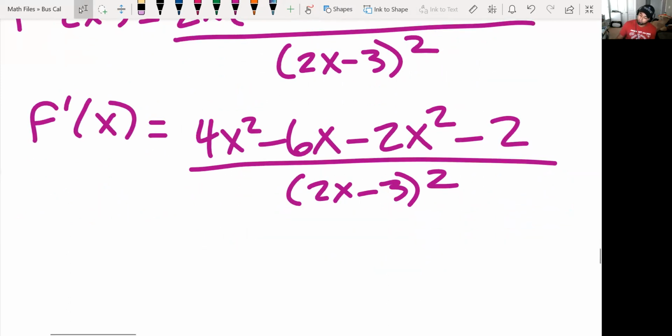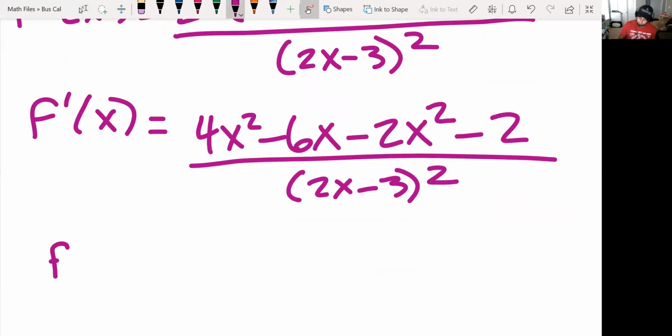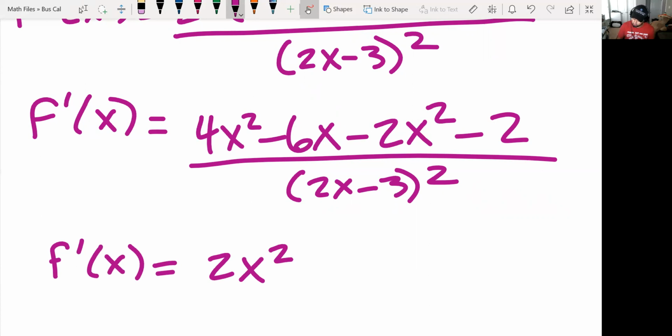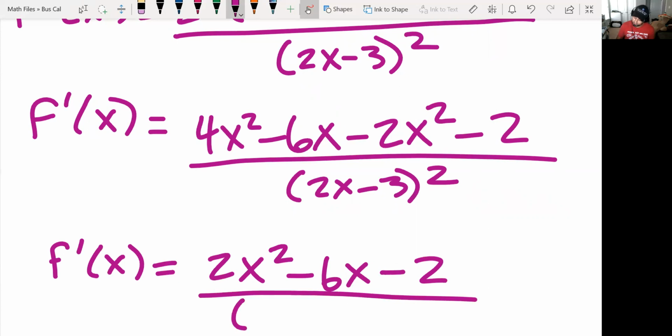Clean up. f prime of x gives me 2x squared minus 6x minus 2 over the same denominator.